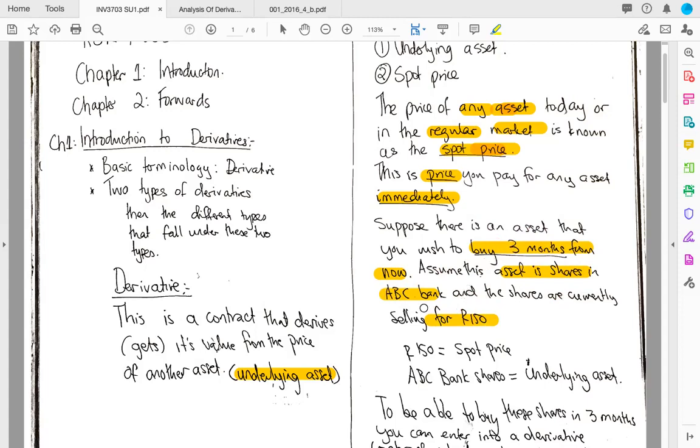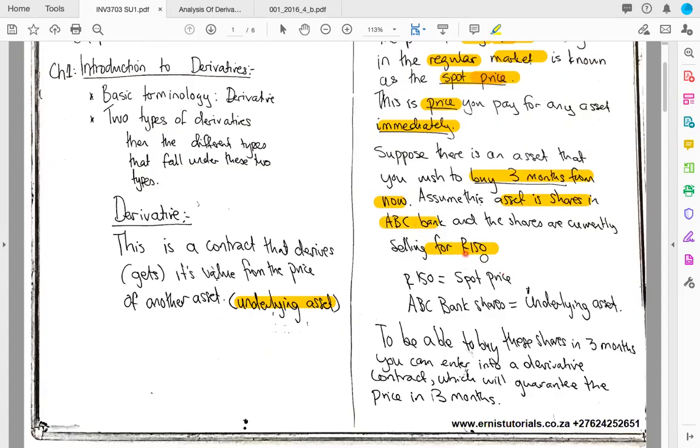So let's say you wish to buy shares in ABC Bank 3 months from now, and those shares are currently selling for 150 Rand today. That 150 Rand, the price that the shares are currently selling for today, is known as the spot price, right? And then the ABC Bank shares, the shares that you actually wish to buy, are known as the underlying asset, okay?